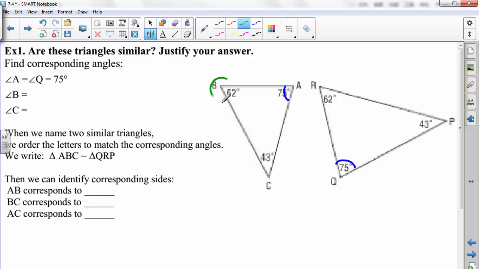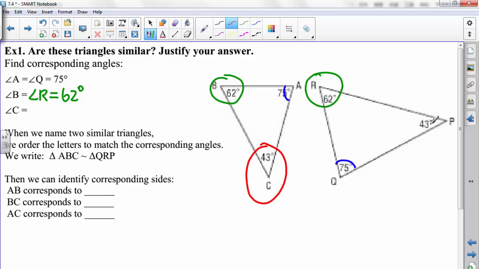Angle B is 62 degrees. It corresponds to angle R because they have the same measurements. So angle B equals angle R. Both of them are 62 degrees. Angle C is 43 degrees, as well as angle P. So angle C corresponds to angle P, and both of them are 43 degrees.